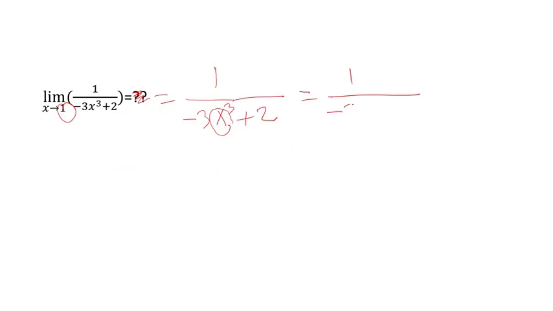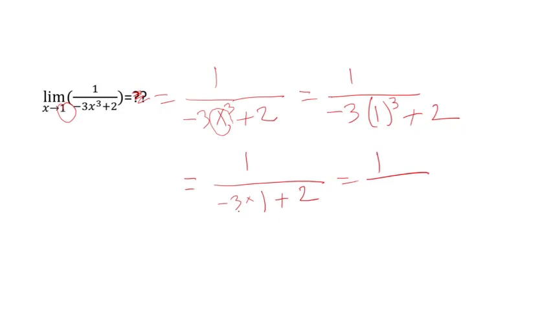So negative 3 times 1 cubed plus 2. Negative 3 times 1 cubed is just negative 3 times 1, which is negative 3, and I have plus 2. So it's 1 over negative 3 plus 2, which is negative 1.